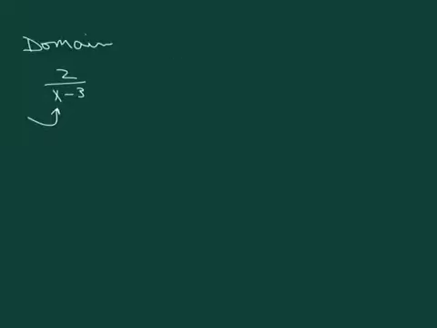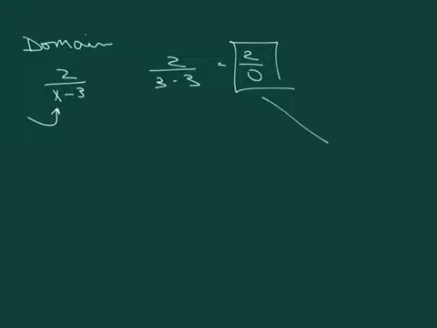So we're trying to find out what numbers x can be in order for my answer to be a real number. What would happen if I put a 3 in there for my x? I would get 2 over 0. This number does not exist. You can never have a 0 in the denominator. If you have a 0 in the denominator, it means that the number does not exist.